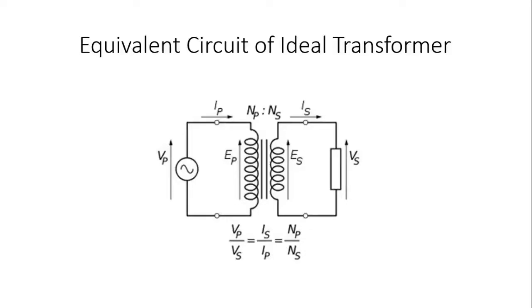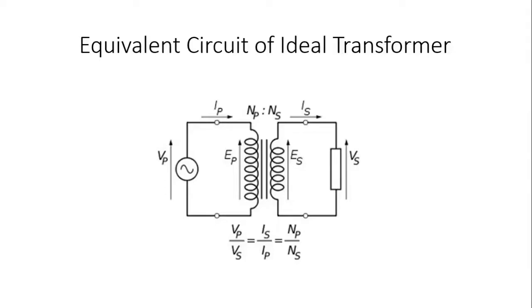For a practical transformer, the resistance and reactance in each winding will also be present. For the primary part, we can express the resistance as R1 and reactance as X1. Therefore, the impedance is Z1 equal to R1 plus jX1. The secondary side also has R2, X2.